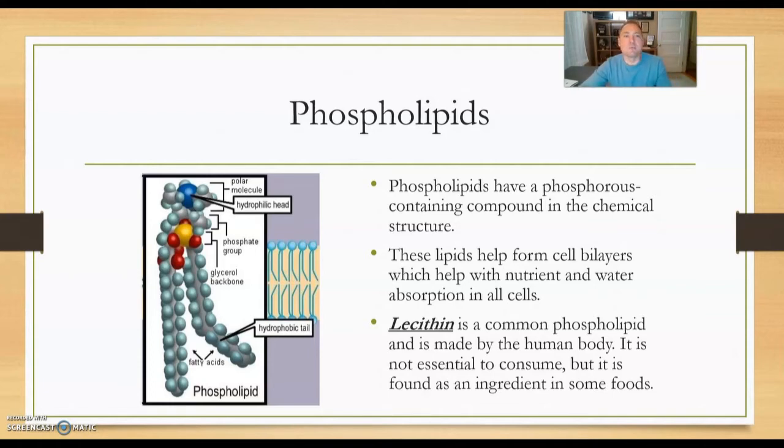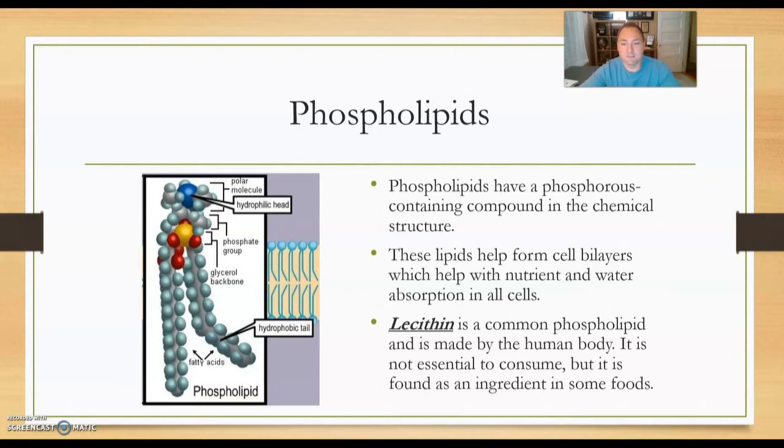So just think of the cell membrane that you learned in basic biology, and making up that cell membrane is the phospholipid cell bilayers. And the hydrophilic head and the phosphate group will allow or deny nutrients and water into those particular cells.